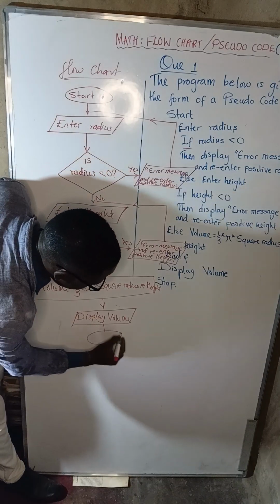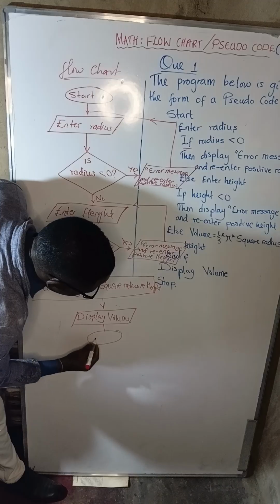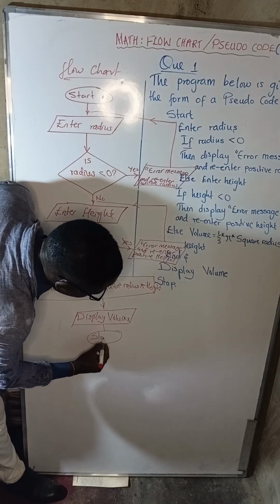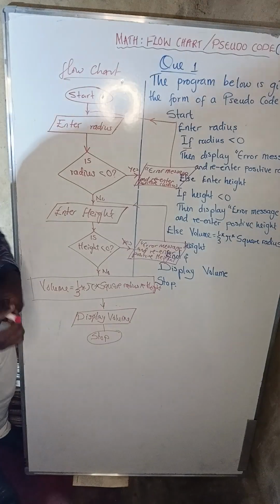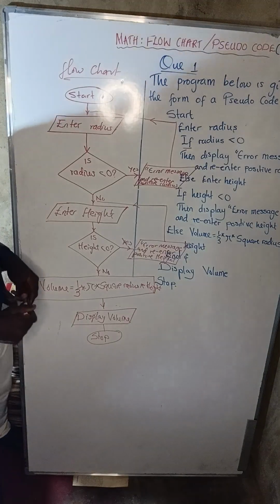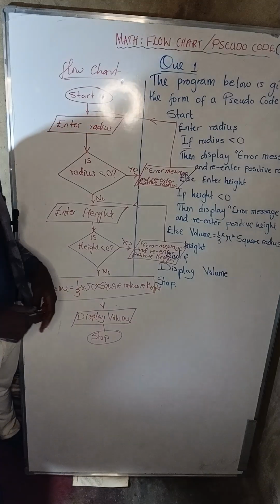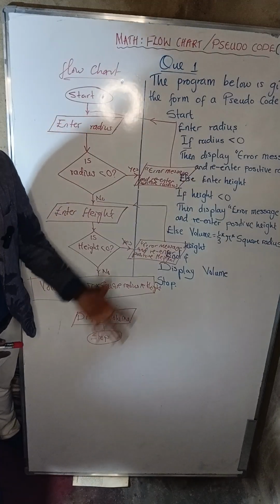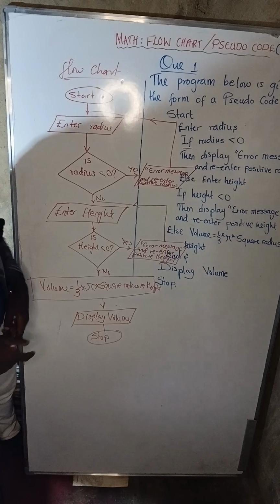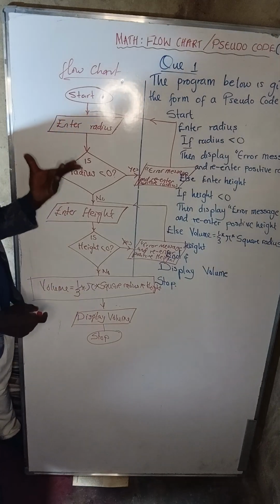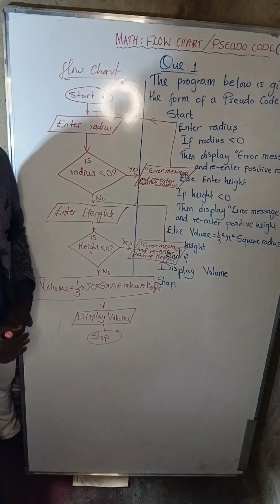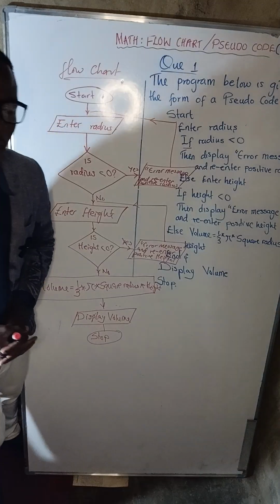Stop, start, and begin. You are going to have the oval shape. Here we have the oval shape, which is just like that. That is the way on how you begin to answer the questions pertaining to changing from the pseudo code to the flowchart. So in my next video, I'll be doing changing from the flowchart to the pseudo code. Okay, so that is the way on how we answer the question.